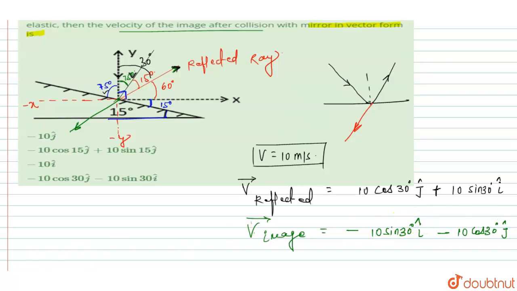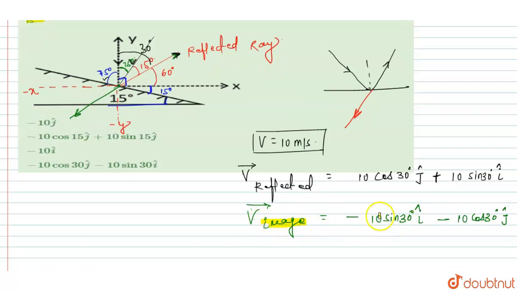This is the velocity of the image after reflection. When we see the options of this question, then option D is the right answer.